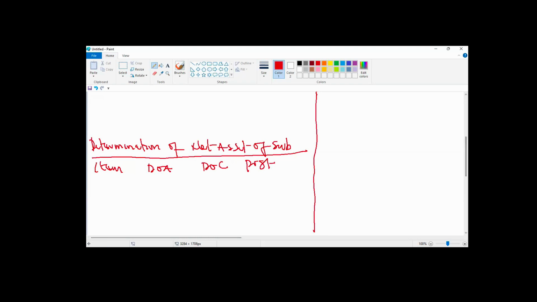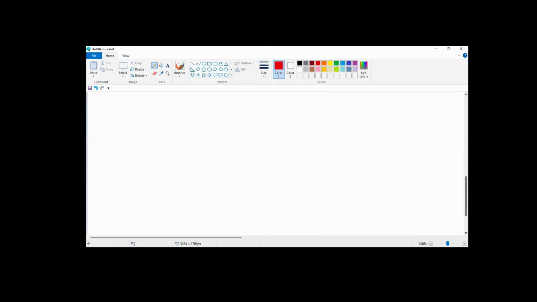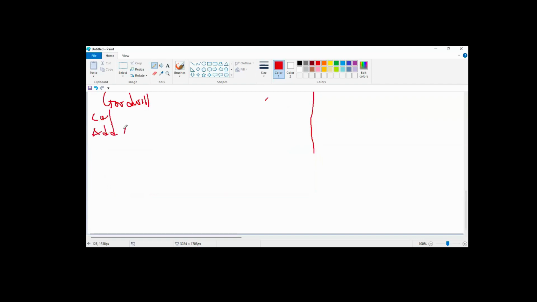For the goodwill calculation, we'll write the formula. Cost of investment, add NCI, purchase consideration, less net assets at the date of acquisition. Goodwill.